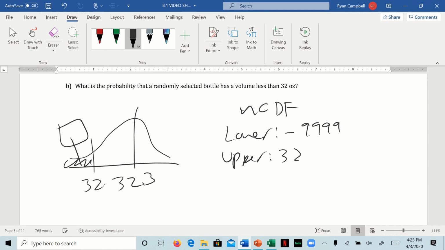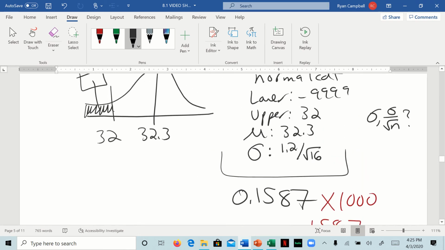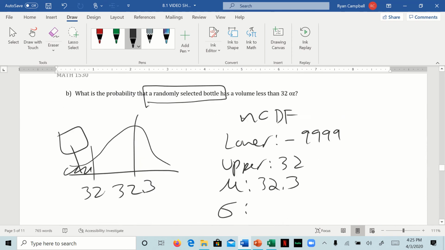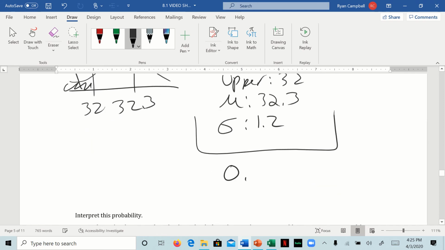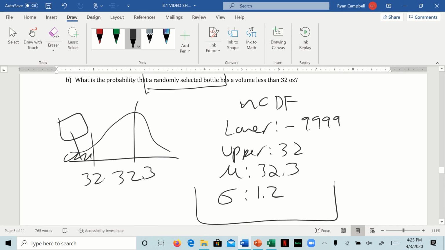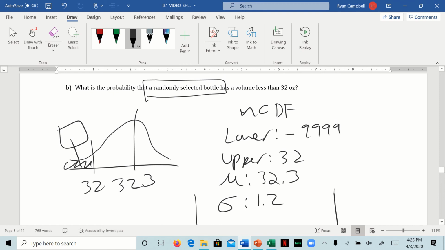Upper is 32. Mu is 32.3. Sigma, pause. We have a random bottle, right? So we don't have to worry about dividing anything. So it's just good old 1.2. When we plug that into our calculator, we should see it's 0.4013.